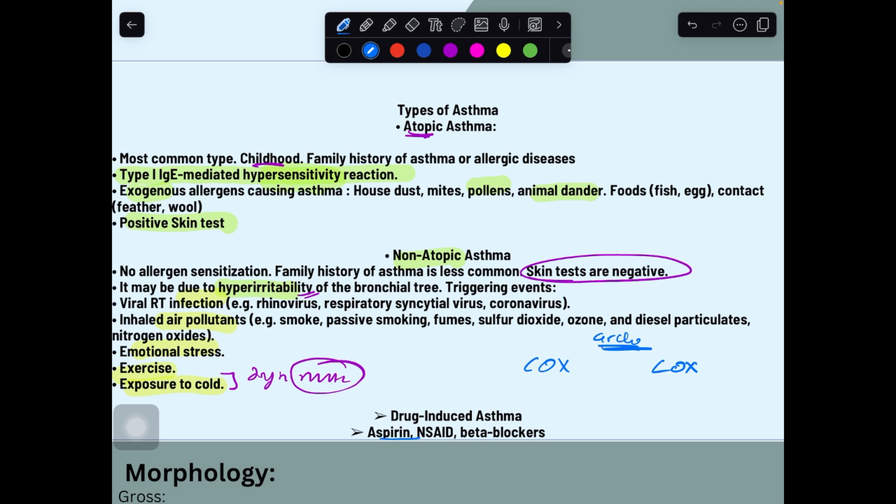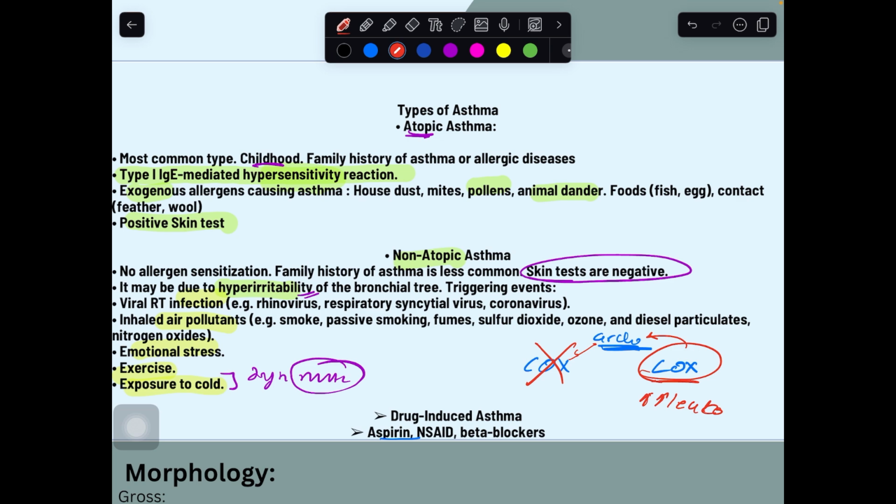With aspirin or NSAIDs blocking the COX, the lipoxygenase will be working mainly on the arachidonic acid, since now the COX won't be able to. What is mainly working is my lipoxygenase enzyme, and this means that there is more leukotriene. If the leukotrienes increase, we know leukotrienes facilitate bronchospasm and increased mucus secretion, so there's even more of that.